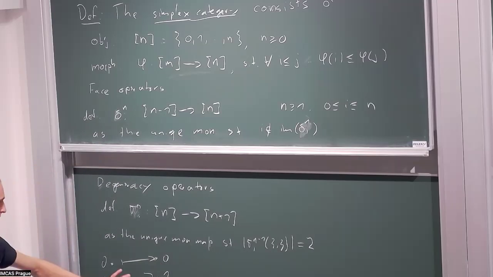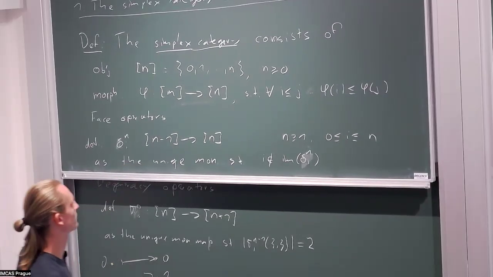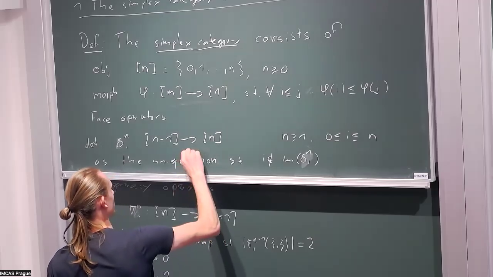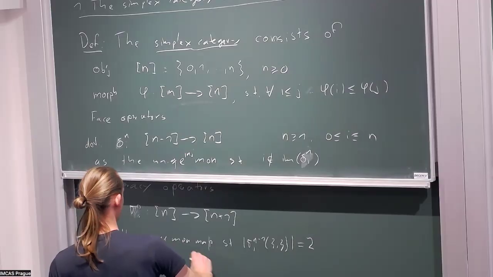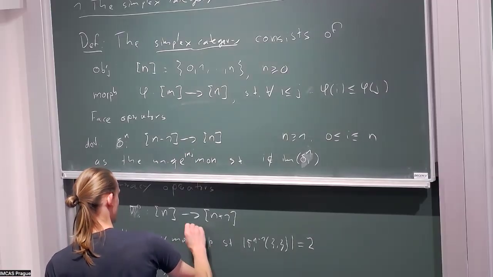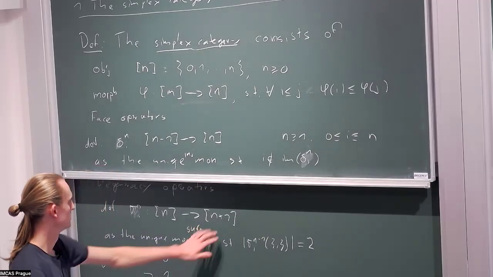Yeah, there's something missing, you're correct. Let's add injective. And here let's add surjective. So I guess you want n minus 1 instead of n plus 1 as the target?